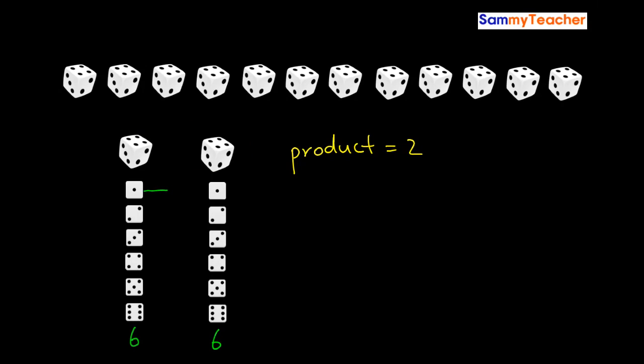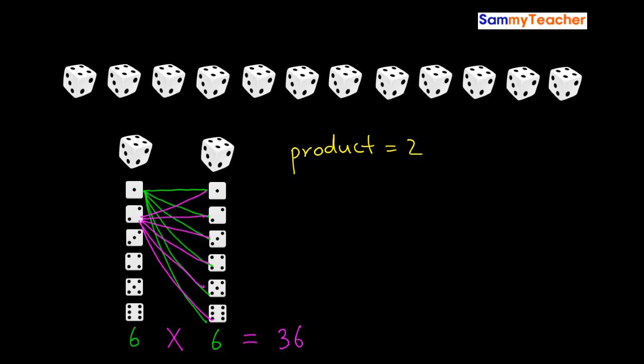So we can have 1 and 1 from each dice, and 1 and 2, 1 and 3, 4, 5, 6, and this can match in the same way. So basically we multiply 6 by 6 to get the total number of possible outcomes, which is 36.